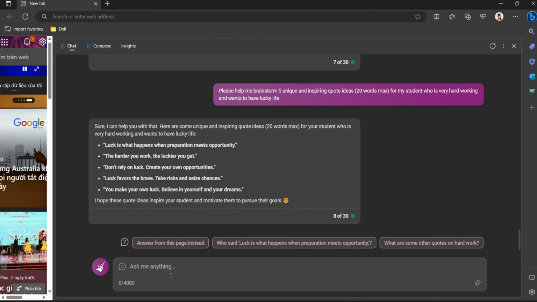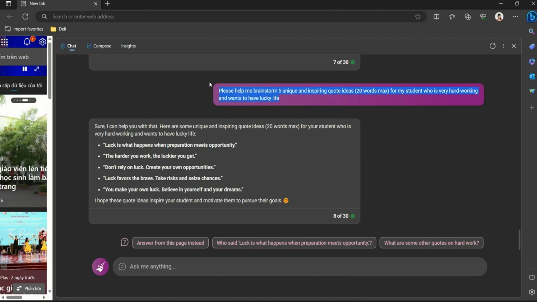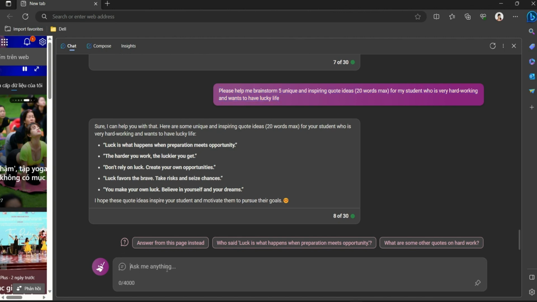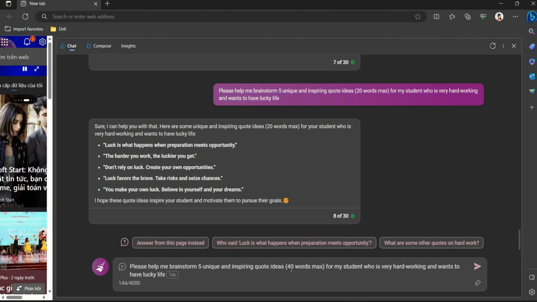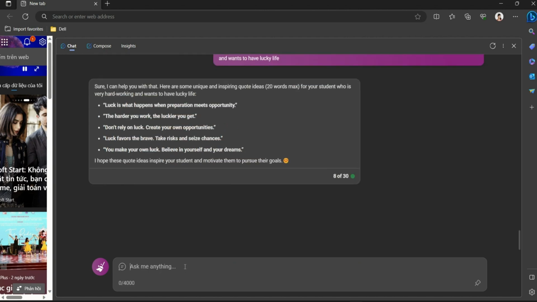So you can see that ChatGPT is very helpful in that it pulls together a lot of inspiring quotes in a very short amount of time, and these quotes are nicely written as well, and you can alter it, you can make it longer or shorter. Let's use the same prompt, but this time I'm going to make it, let's say, 40 words max, and let's see what it comes up with.